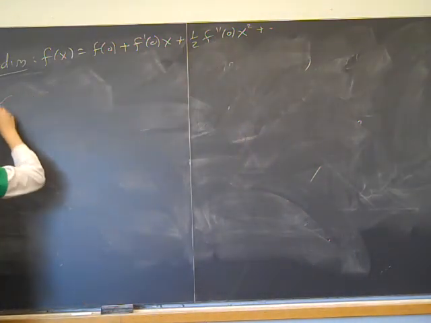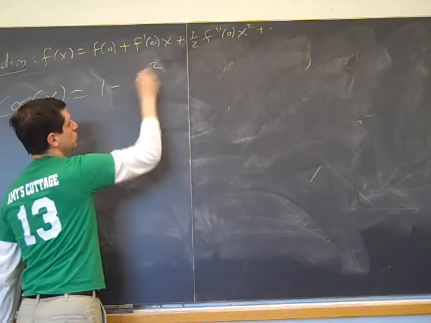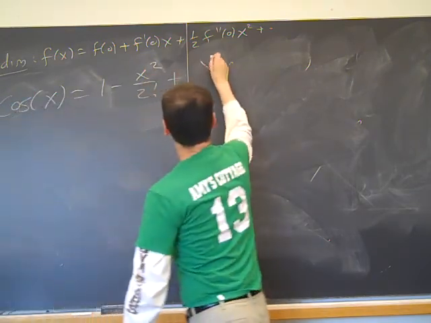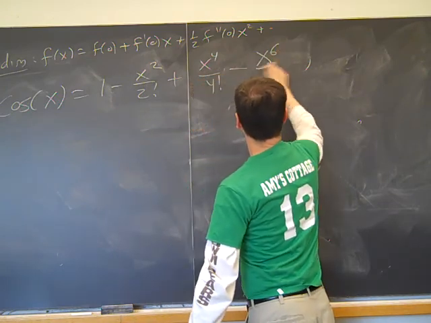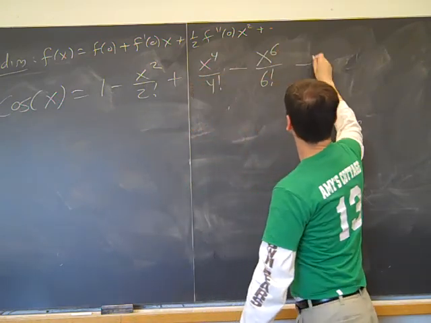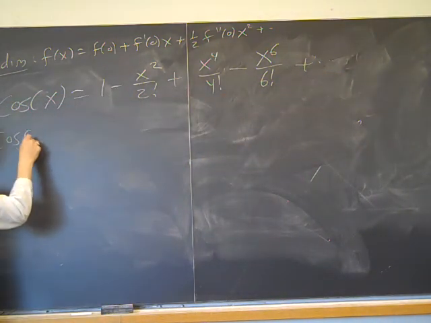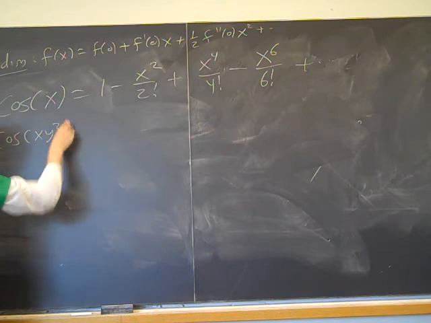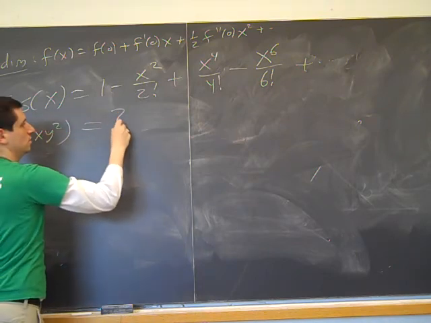So if you do work, you'll see the cosine of x is 1 minus x squared over 2 factorial plus x to the 4th over 4 factorial minus x to the 6th over 6 factorial plus and so on. Let's do the cosine of xy squared. What does this equal?